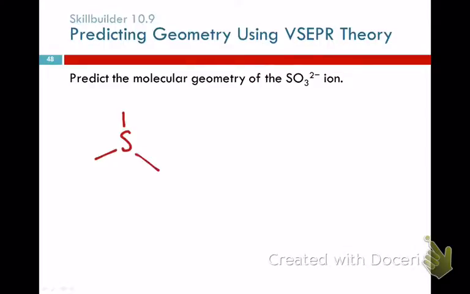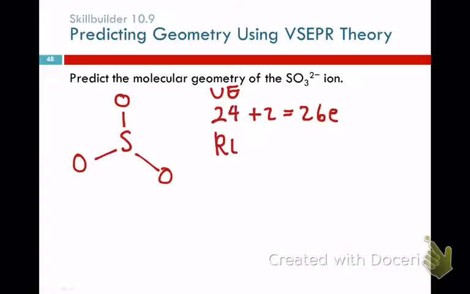I'll put 3 oxygens on it because it's SO3. There's 24 electrons plus 2, so that's 26. That's my valence electrons. My remaining electrons is 20. Okay? And so I have to distribute 10 pairs.